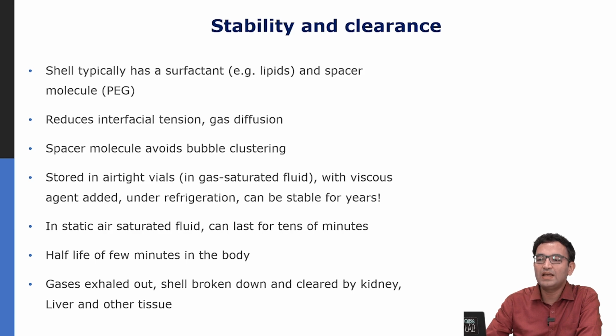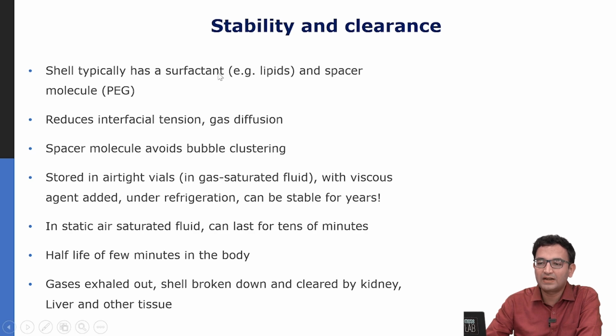Now if you are going to inject these bubbles into the body, they ought to be stable, and the stability is brought about by the gas as well as the shell. The shell typically uses a surfactant. This surfactant can be a lipid or a protein, and it also has a spacer molecule which is typically polyethylene glycol based. One example is PEG 2000 stearate, and this spacer molecule helps to keep the bubbles away from each other so that there is no agglomeration of bubbles.